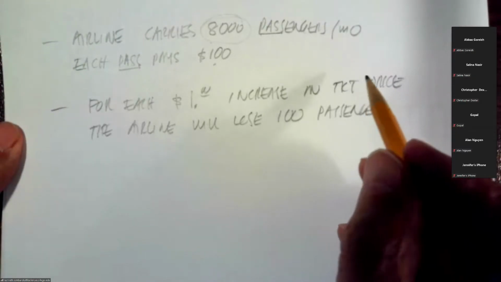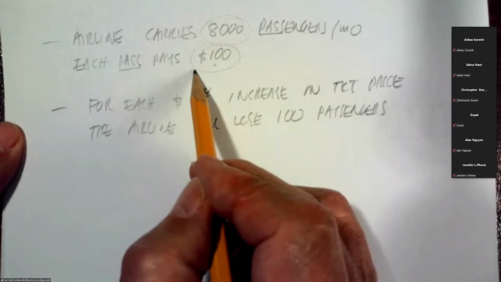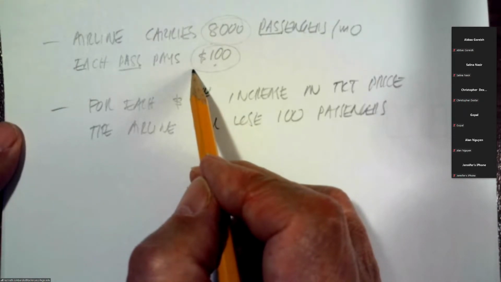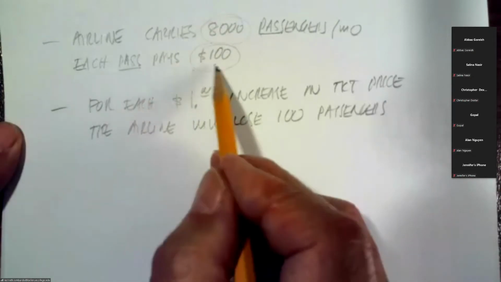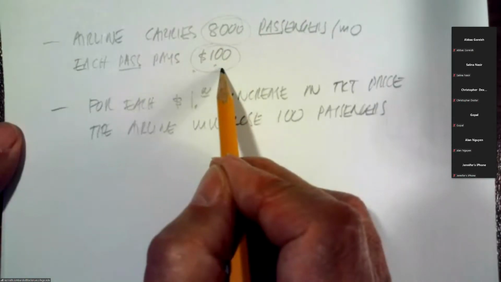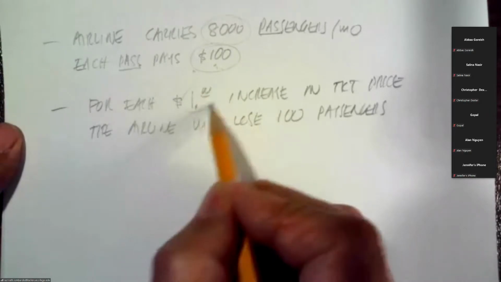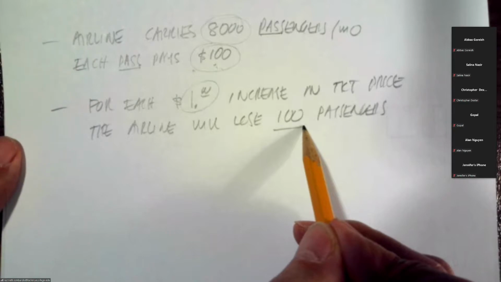So he's saying, well, there's a little connection here between the price. I may want to raise my price and make a little more money, right? We always end up saying, well, we've had inflation, or my costs have gone up, or whatever the issue is, and I need to raise my prices. But you have found out that if you raise your prices for each dollar increase, you're going to lose 100 passengers. You're either going to go on some other airline, or they're going to decide not to fly, or they're going to fly less often, or whatever the issue is.